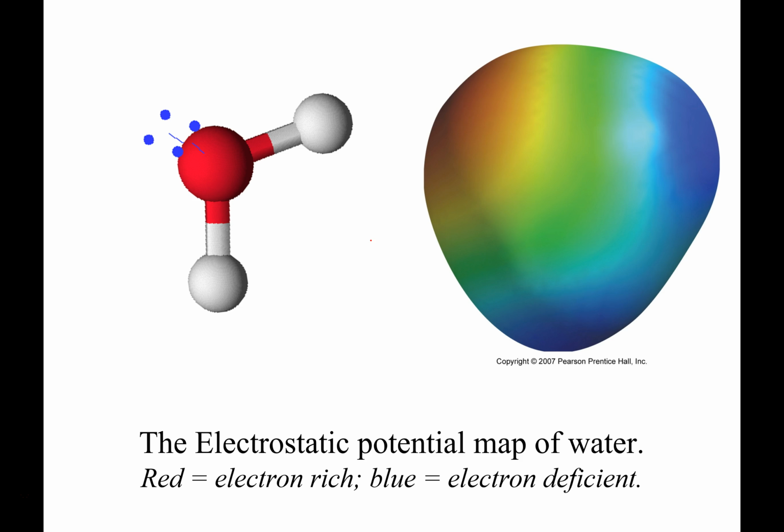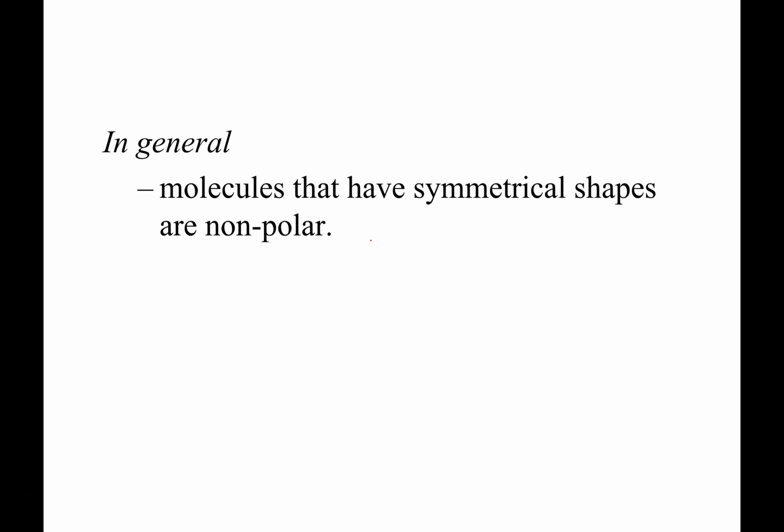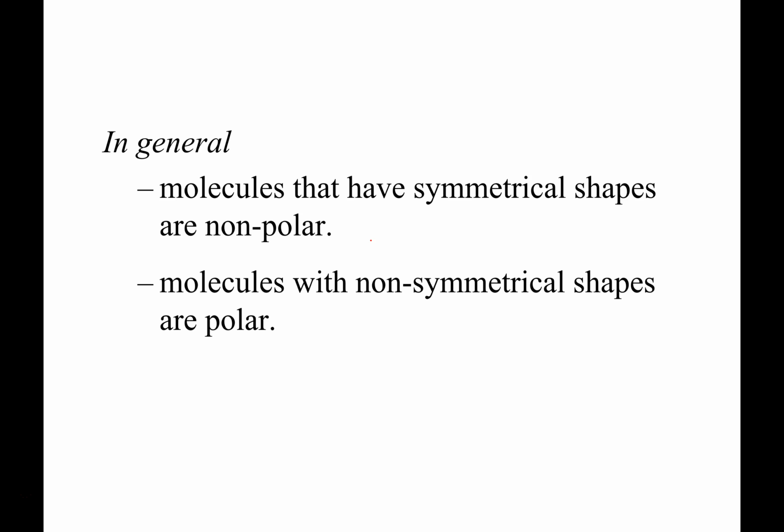Water molecule again. So again, in general, molecules that have symmetrical shapes will be nonpolar because their centers of positiveness and negativeness will coincide. In contrast, if your molecule is asymmetrical, then you're not going to get your regions of positiveness and negativeness to coincide.